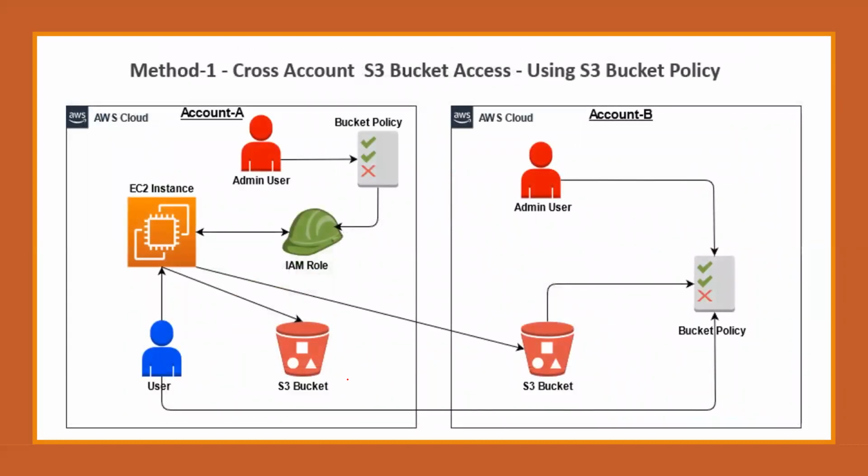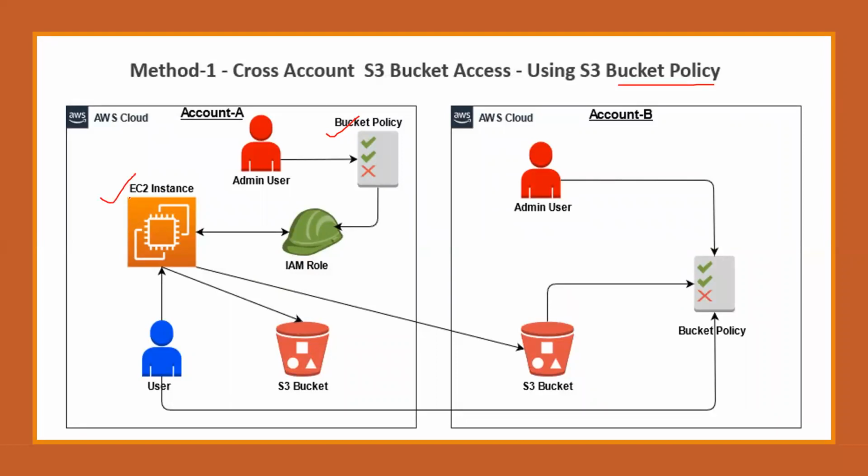This is the first diagram. This is cross account access method 1 using the bucket policy. What the admin will do here is create one bucket policy. And that EC2 instance, you can see, is there.